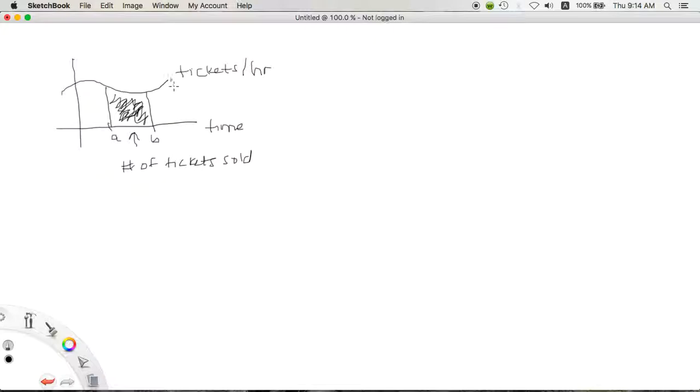So anytime you have a rate of change with respect to time, and then you have the time, if you want to find out how much the total of that stuff happened, then you can take the integral and it'll give you that net change.